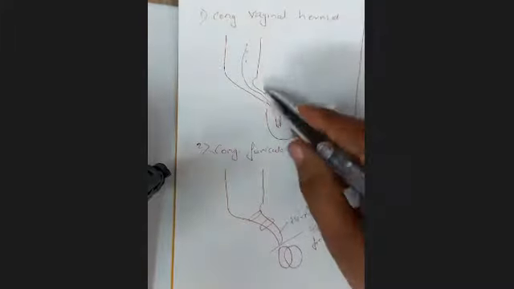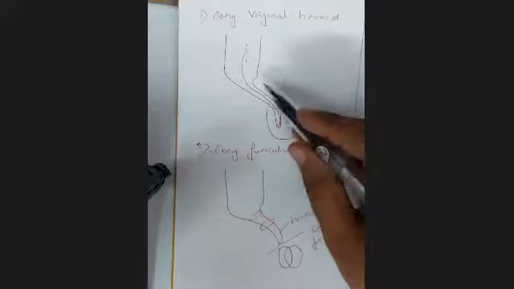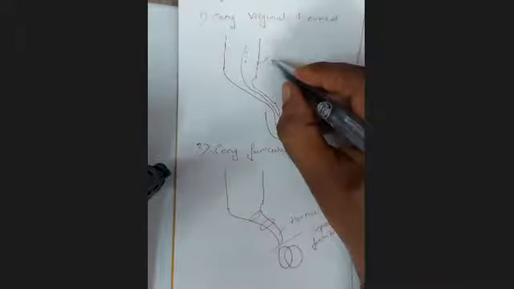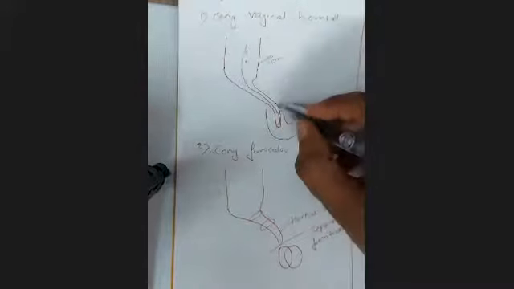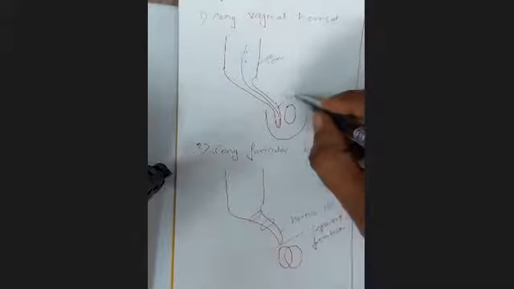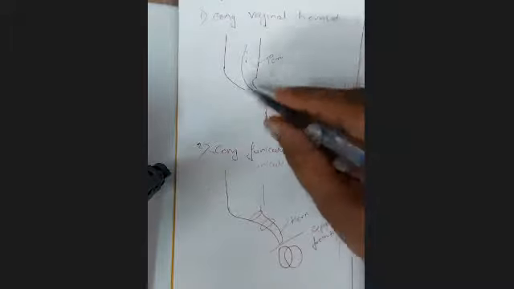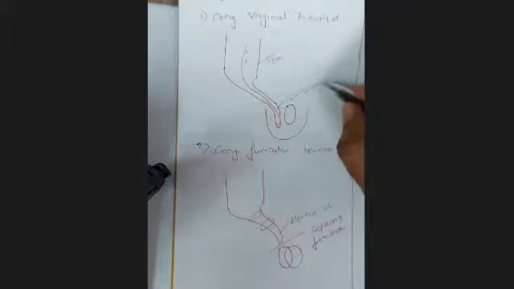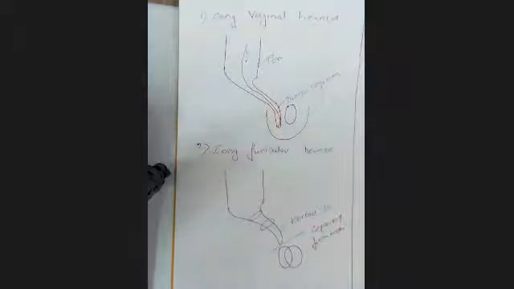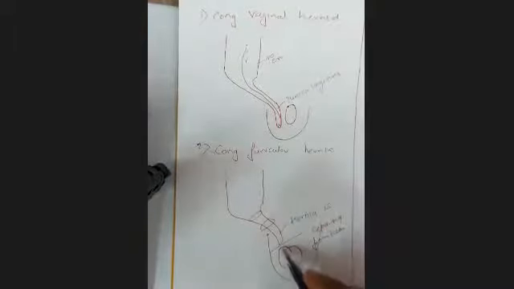In the vaginal hernia, the hernia almost goes and surrounds the testis because the peritoneal cavity is continuous with the tunica vaginalis, which is formed by the processus vaginalis, and that continuation is still there.